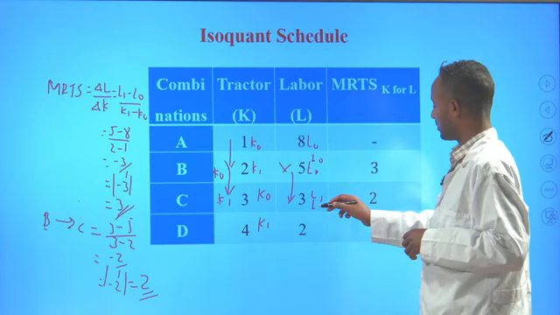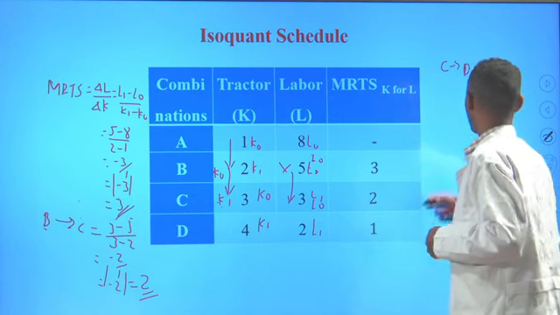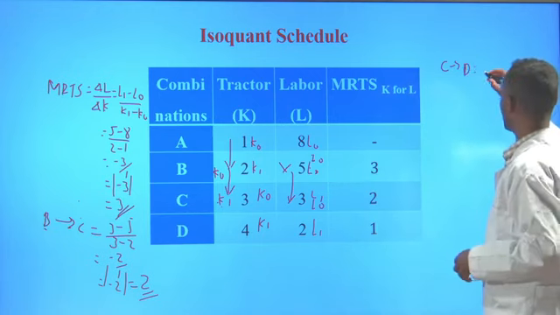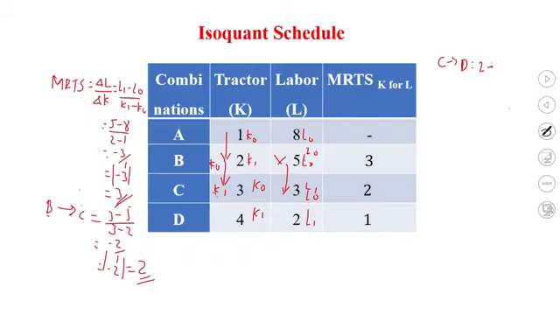That means labor was initially 3 and finally declined to 2. And when we put this information in the formula, labor final is 2 minus labor initial is 3, and tractor final is 4 minus tractor initial is 3, and then this is minus 1 over 1, and we are left with minus 1. When we take the absolute value, we are left with 1.